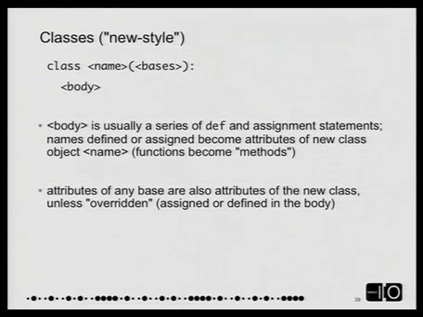A class is similar to a def in a sense. It's also a keyword, class, the name, and then bases in parentheses. If you have no bases, well, you should always have at least object as a base. So at the very least, you'll have open paren, object, close paren, and then a body. So it's different from a def in this sense.